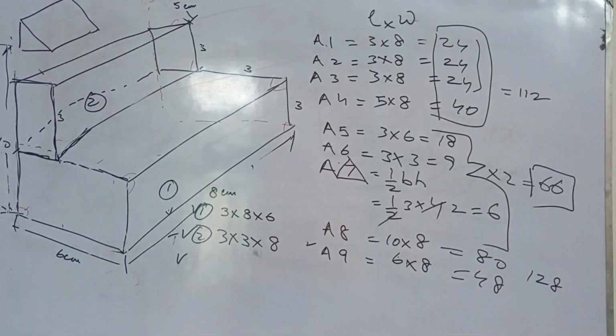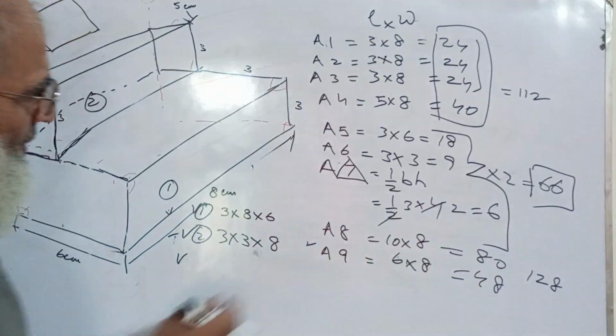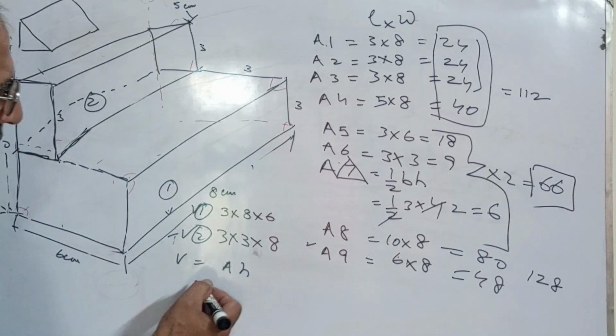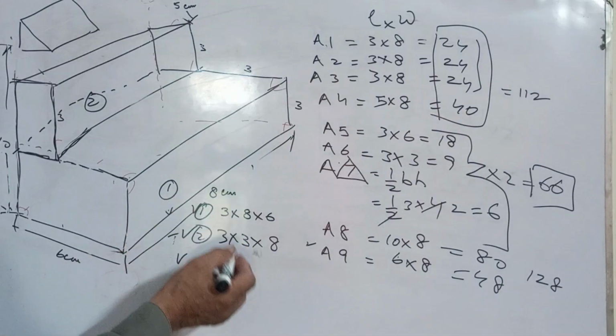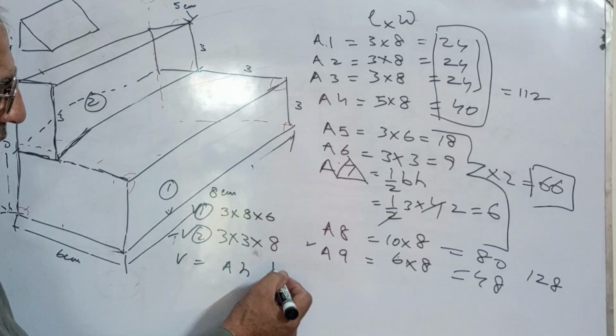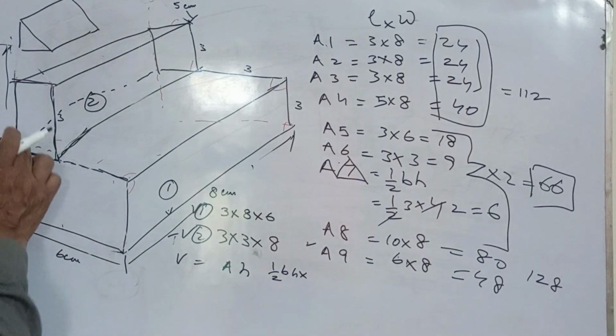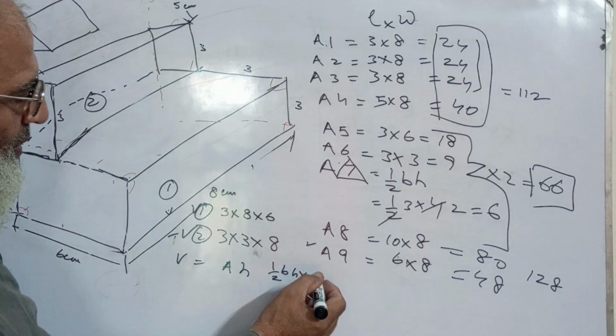Now, in the triangular part, the area will be of the triangle, which we have already. This is the area of the triangle, 6. Area of triangle is half base into height, multiplied by its length, that is 8.